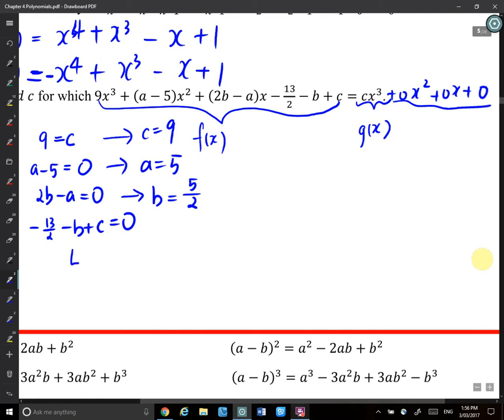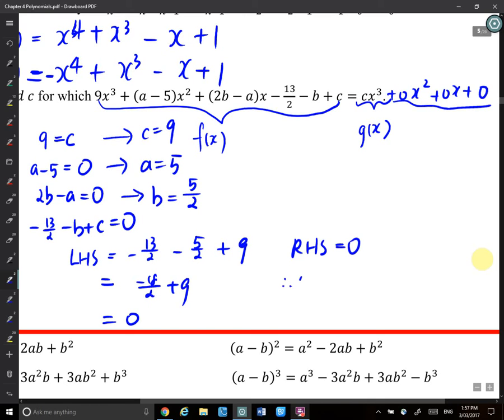So the left hand side of this equation will equal minus 13 over 2 minus 5 over 2 plus 9. That equals minus 18 over 2 plus 9, and that is 0. So the right hand side equals 0, so left hand side equals right hand side. So I can say a equals 5, b equals 5 over 2, and c equals 9.